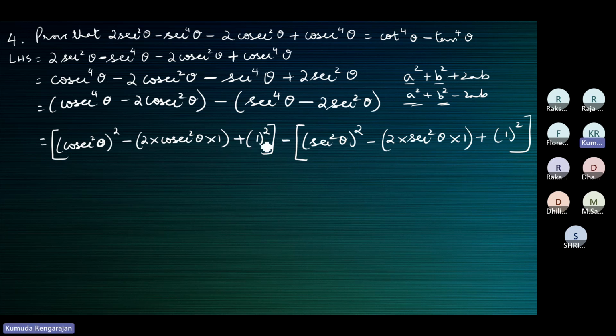From where did this 1 square come? Visibly, there is a change. But actually, since we have 1 in one bracket and minus 1 in the other, when you multiply it with the sign outside, it's minus 1. So 1 minus 1 is 0. We have not made any change to the value of the expression.